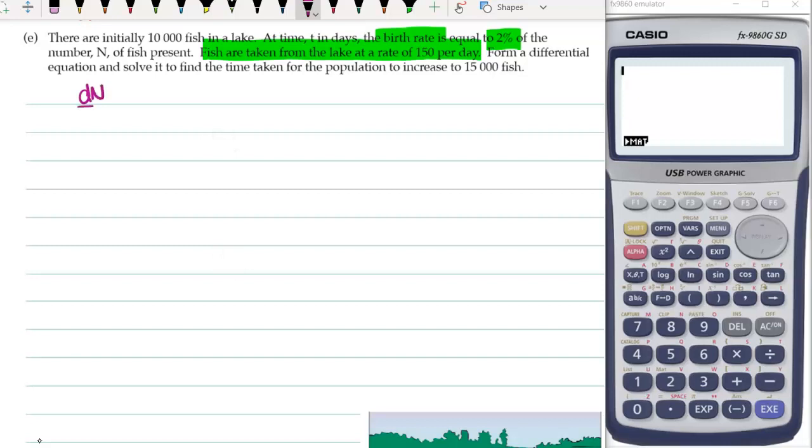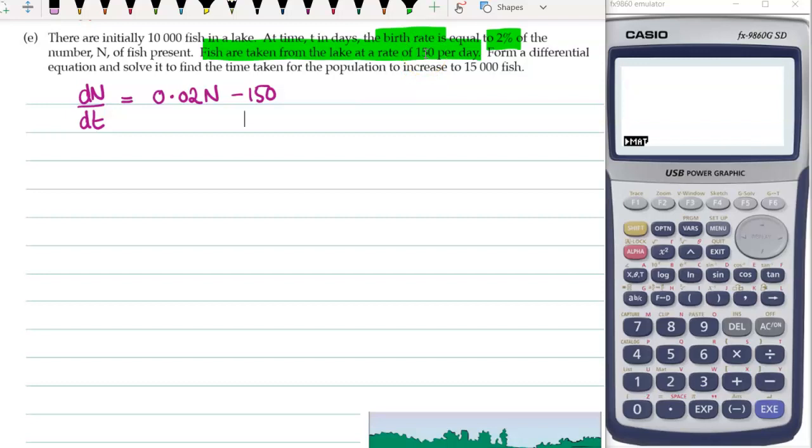So the rate at which our fish population is changing is going to be equal to 0.02, so 2% of the number of fish that we have, and we take away 150 from that each day. So T is measured in days, so the rate at which the fish are being taken from the lake is 150 per day. So the population itself is increasing by 2%, and then we take off 150 every single day.